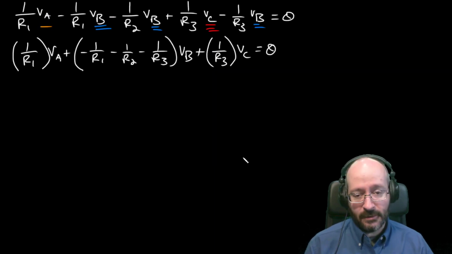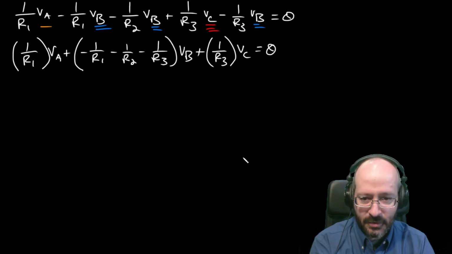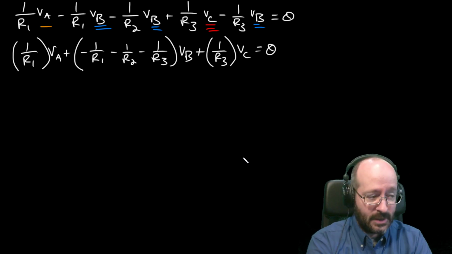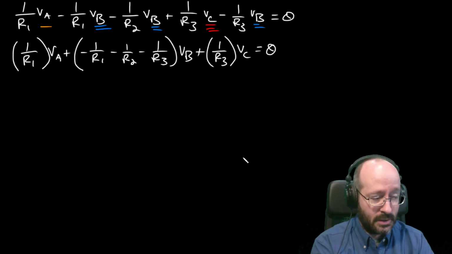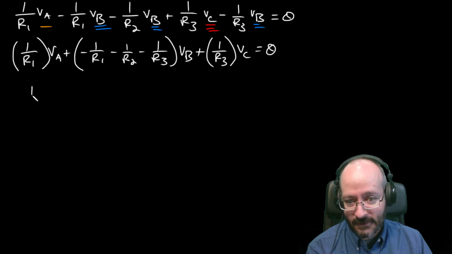Okay, now we plug in values. I've got the problem over here on my other screen, so I can pick off the values. I'm hoping you have the image if you want to be looking at the image while you're watching the video. So 1 over R1 is 1/2 in front of VA.